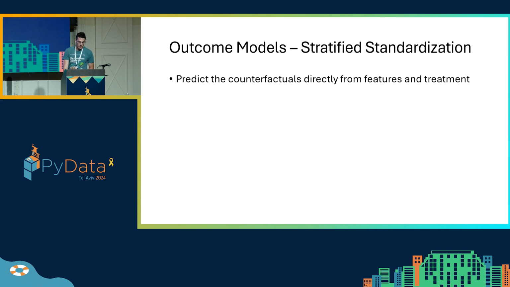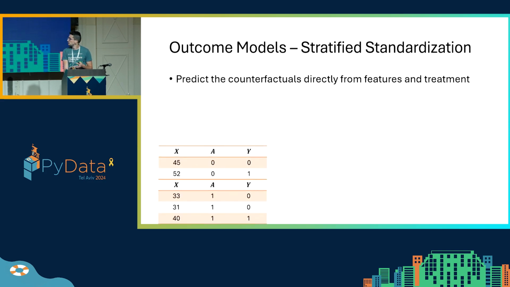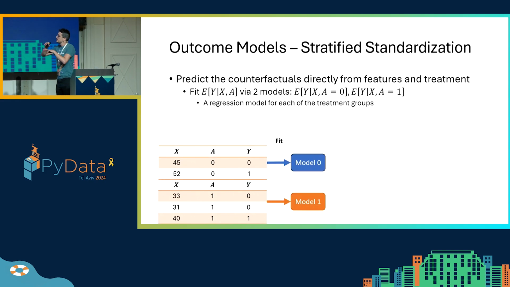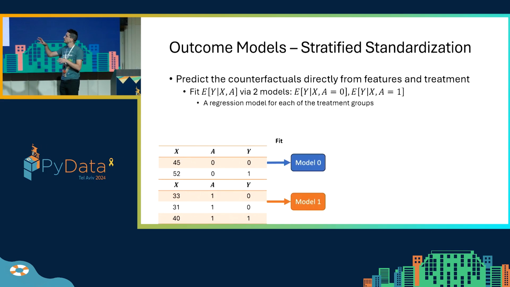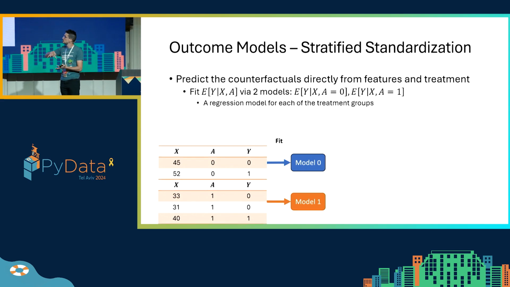And in terms of outcome models, again, we want to predict those outcomes directly given the features and the treatment. One way to borrow information across groups will be to first split the data set, right? We fit one model for those untreated and one model for those who were treated.